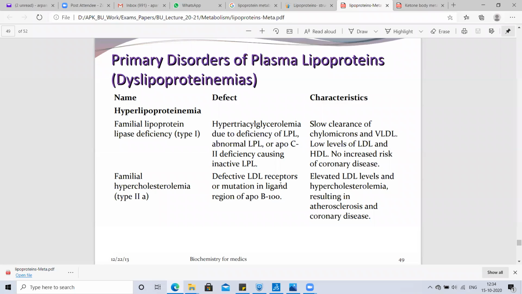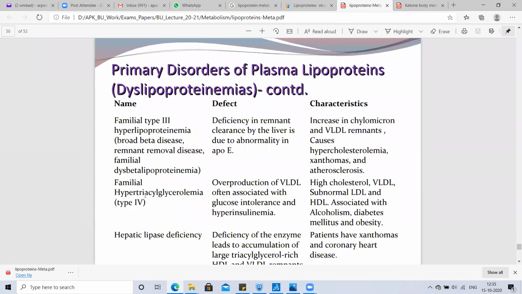I explained it earlier. So if LDL cannot enter the cell, then its level is elevated in the blood, and it would lead to a situation of hypercholesterolemia, resulting in atherosclerosis and coronary diseases.